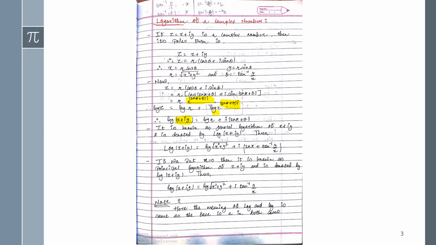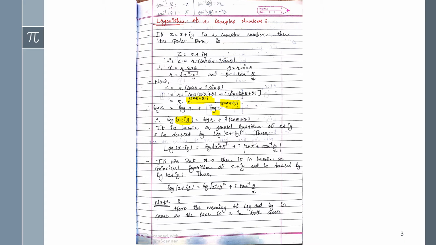So this is known as the general logarithm of x + iy. This is the general formula of logarithmic functions, and it is denoted by capital L or G, that is, Log(x + iy).